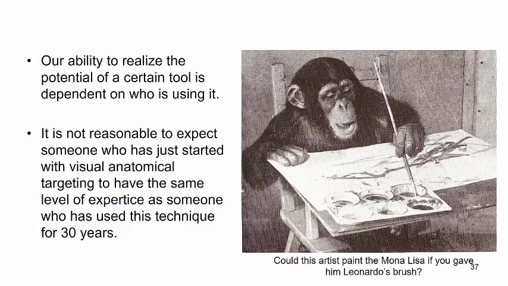Our ability to realize the potential of a certain tool is dependent on who is using it. It is not reasonable to expect someone who has just started with visual anatomical targeting to have the same level of expertise as someone who has used this technique for 30 years.